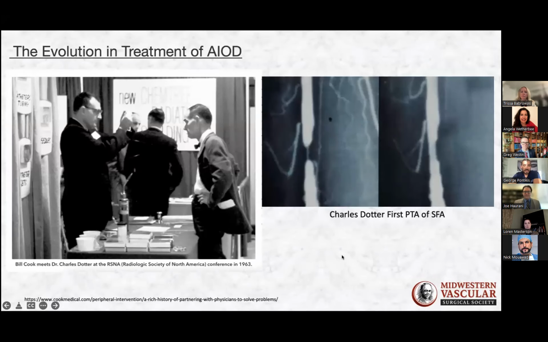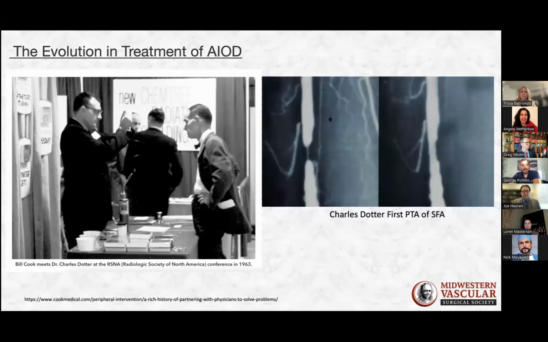I included this slide because I was recently at the Cook plant tour, and I love this picture on the left, where Bill Cook met Charles' daughter at the radiology conference in '63. The daughter noticed Bill Cook's catheter construction and wanted to take it one step further.